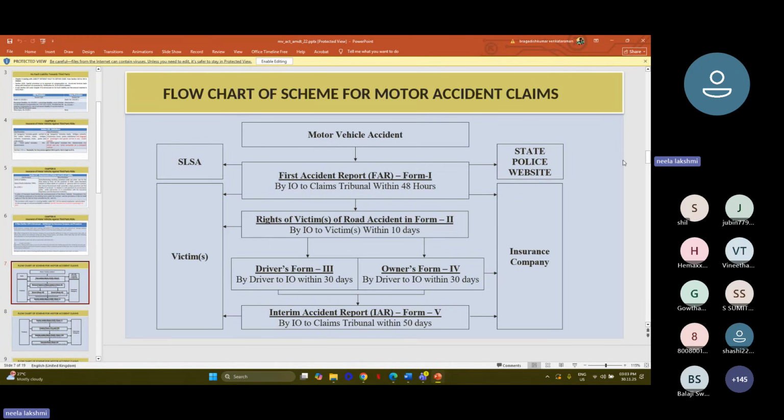After that, the road accident victims file a case based on the FIR before the motor accident claims tribunal. The case will be summoned to every interested party, the defendant parties and our petitioners, and the case will take its own course. Evidences will be there and defense will be there, written arguments will be there, written statements would be there.